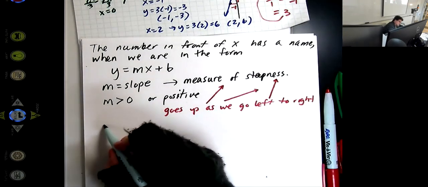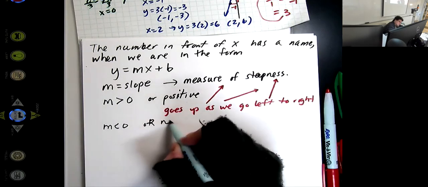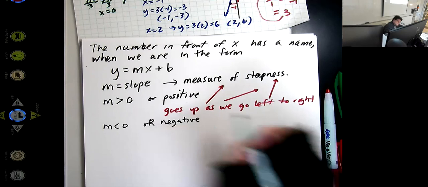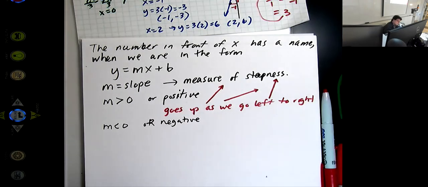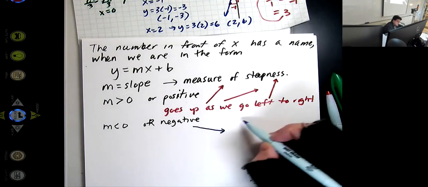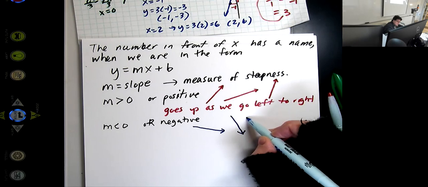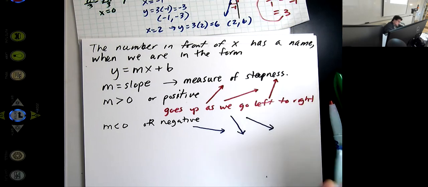If m is less than 0 or negative, the line goes down. Could go down a lot, could go down a little, could go down just average.